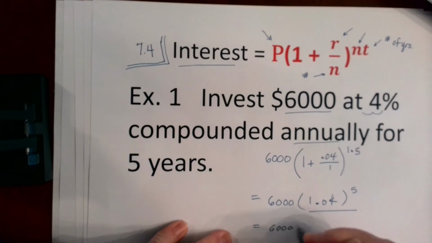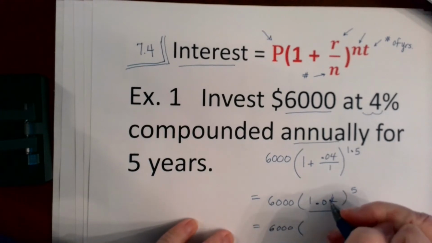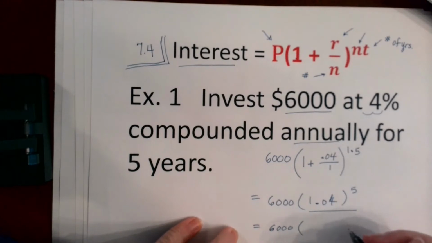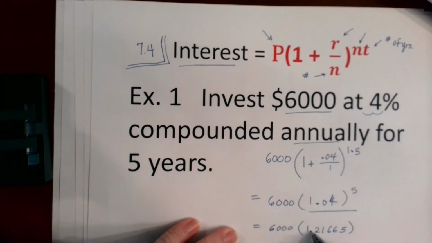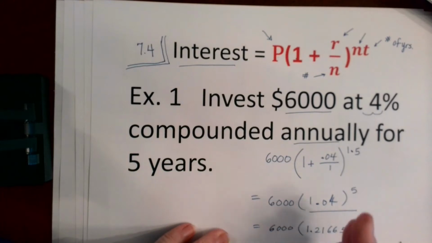So with your calculator, 1.04 to the 5th power is about 1.21665, on and on and on. I rounded it off. You don't want to round it off too soon because then you'll have lost a lot of good information. So I went way out there in my decimal before I rounded it off. And then multiplying those together, you get off the page.